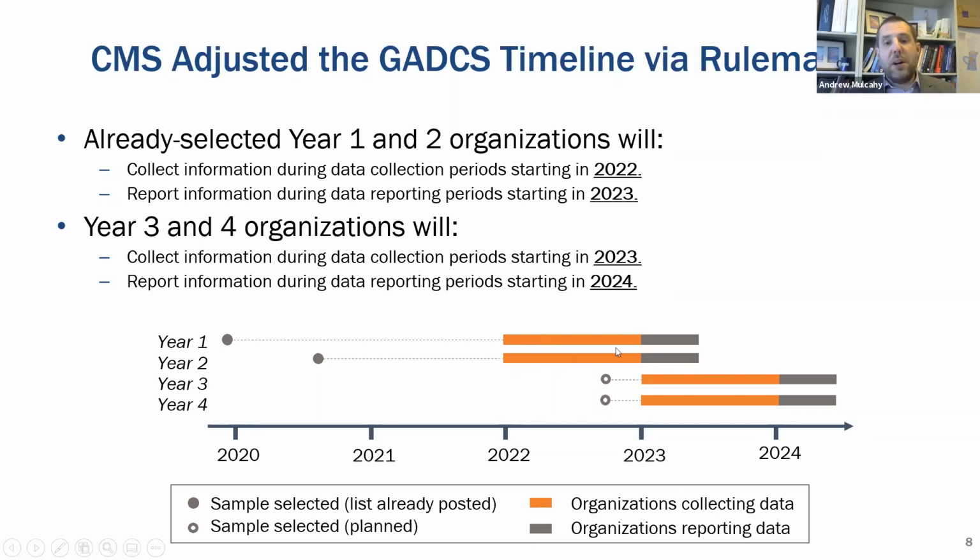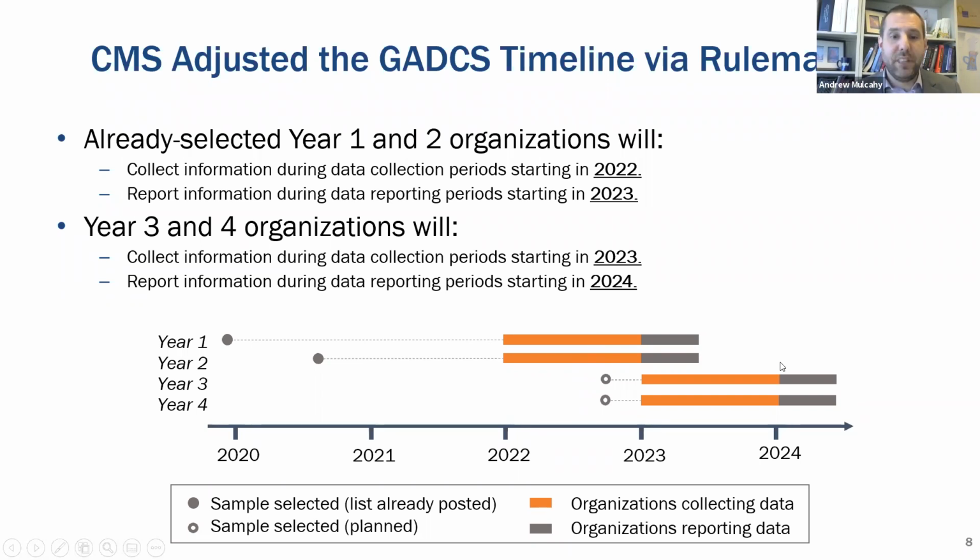The orange and gray bars look the way they do on this slide because this illustrates what would happen for an organization that's reporting with that January 1 start date over a calendar year. If your fiscal year starts July 1, then this entire timeline with the orange and gray bars would shift out to the right by 6 months.